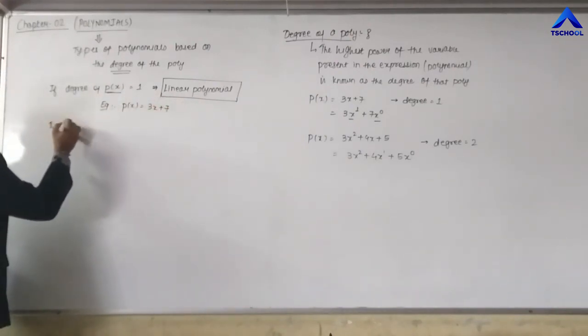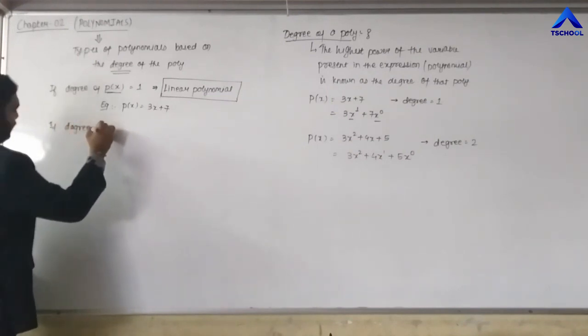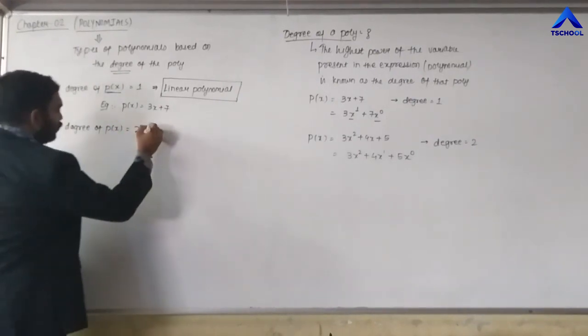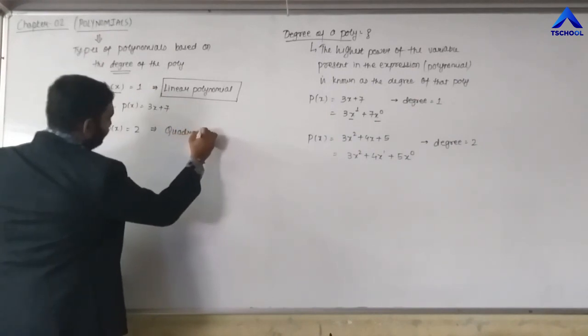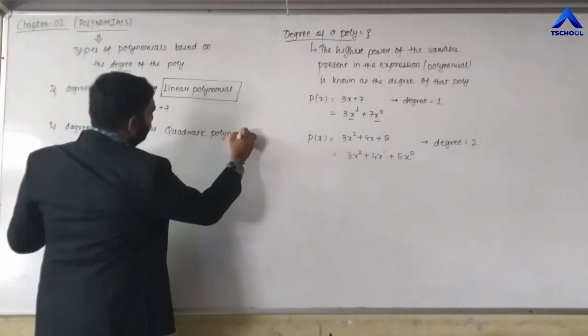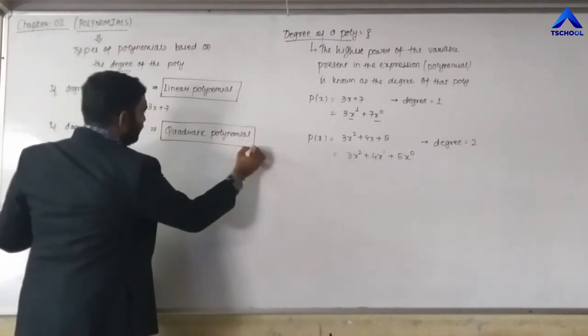Let me say for another that if the degree of the polynomial is equal to 2, then that is known as a quadratic polynomial. That is known as a quadratic polynomial, right?